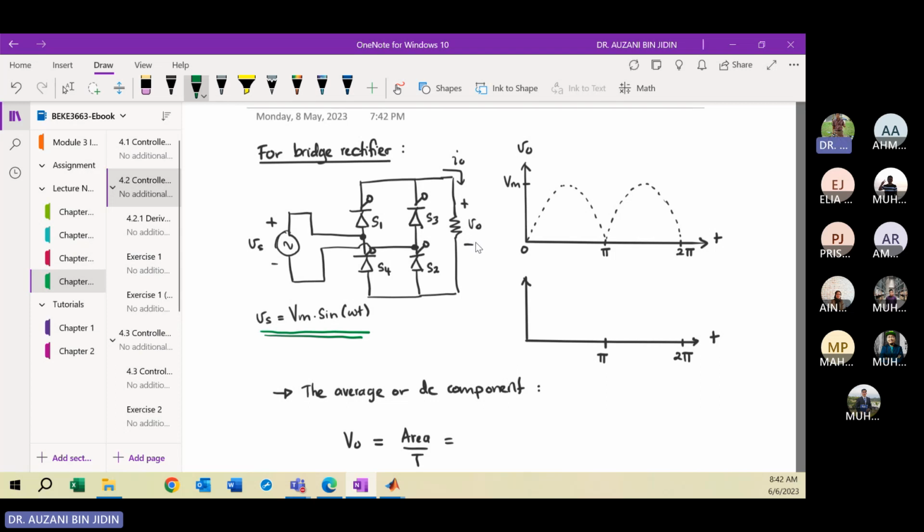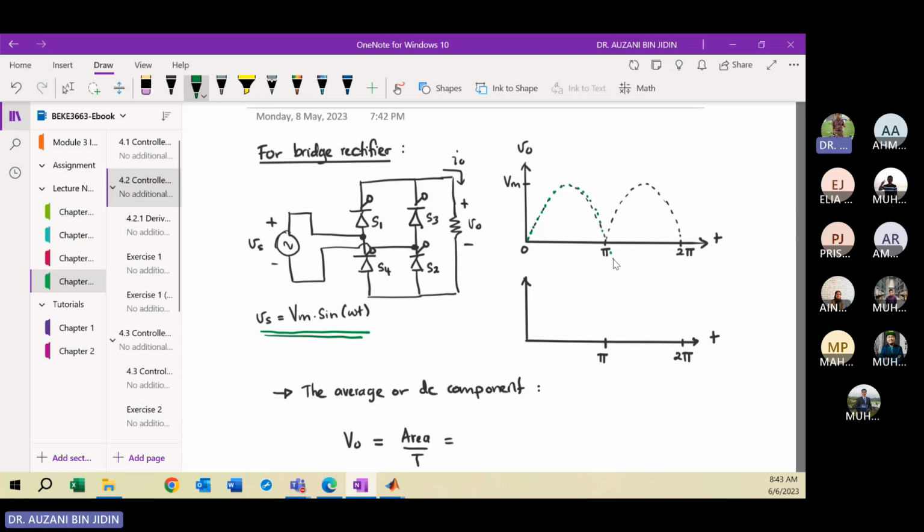It's not a combination of RL or RC, just only R load. So how do we sketch the output waveform? Let's say the dotted green line here is the source voltage.